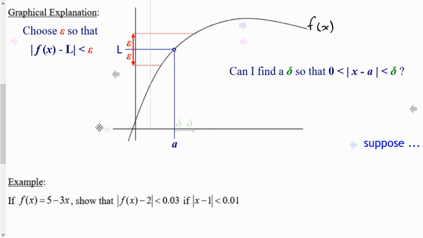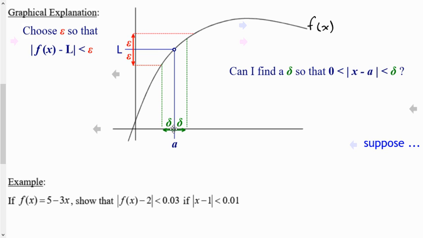I want to go delta units. I'll bring that down here. Ooh, center it a bit. There we go. Delta units in either direction from a. So again, that's the distance between x and a. So x can be anywhere within this interval. That distance is less than delta. Greater than 0, I should have put an open circle here. I didn't, but we're saying that it can't equal 0.